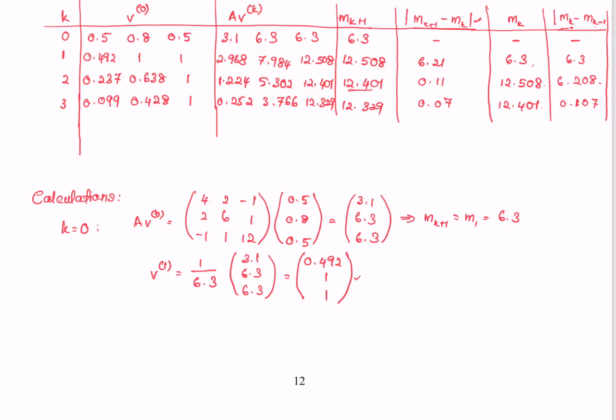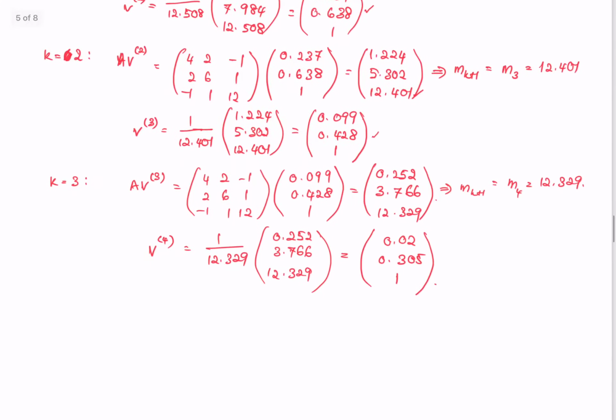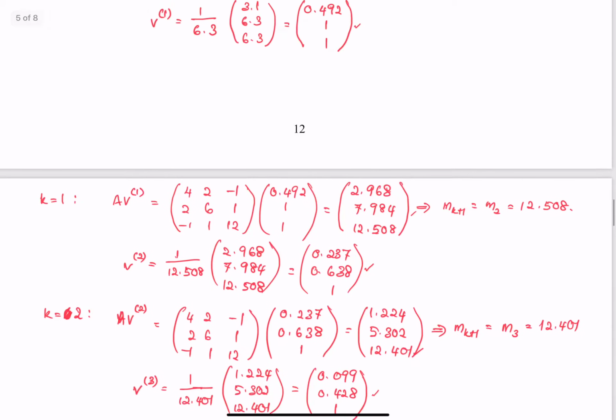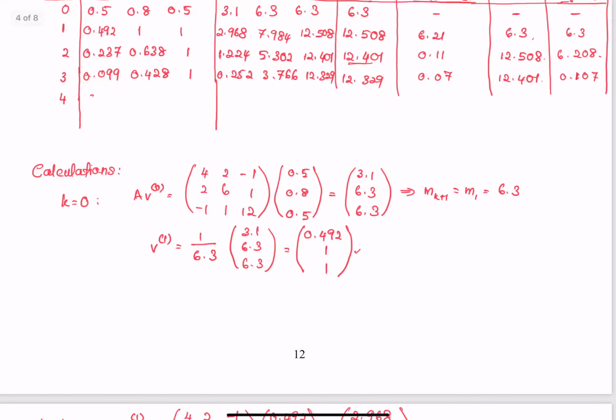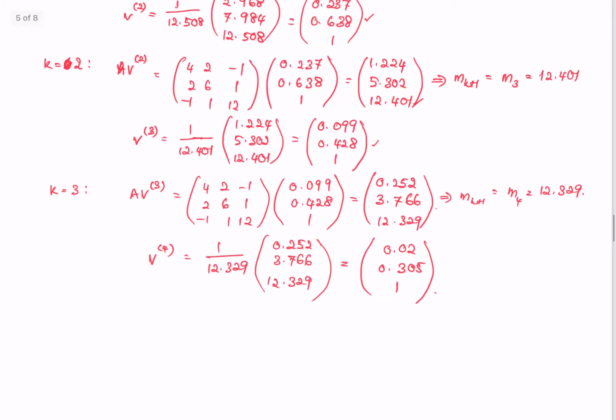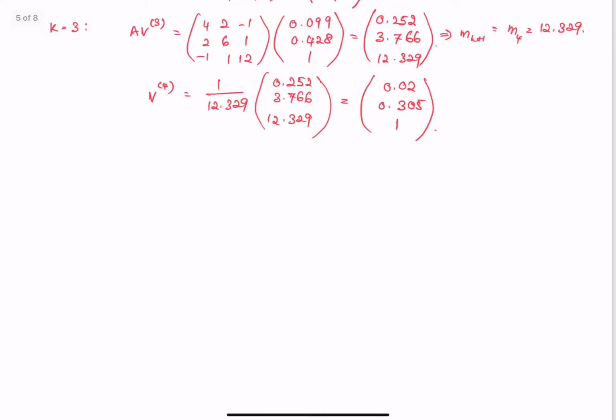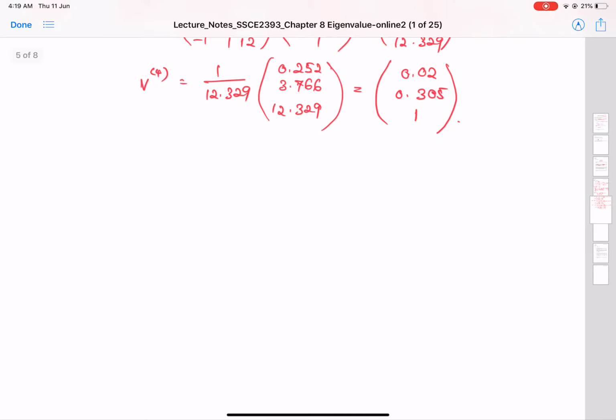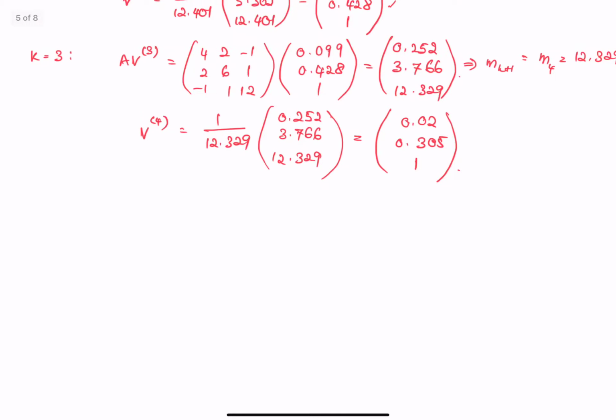And we also know that our V4 from the k equal to 3 here, 0.02, 0.305, and 1 here. And then for k equal to 4, we need to continue our iteration. k is equal to 4.